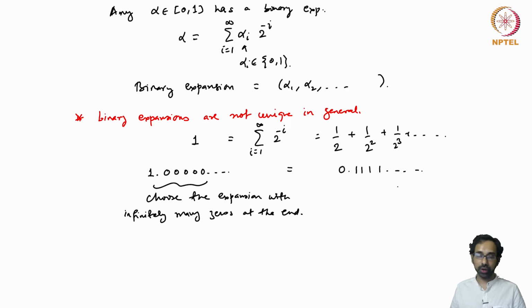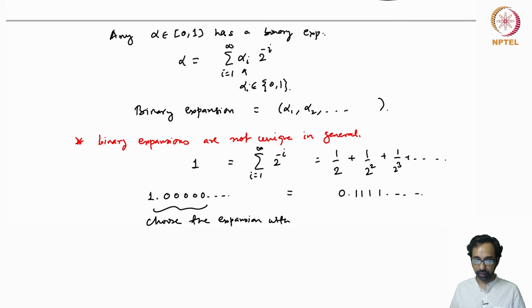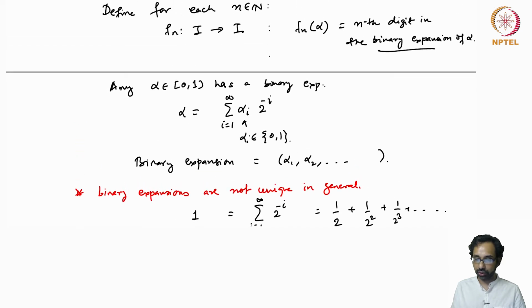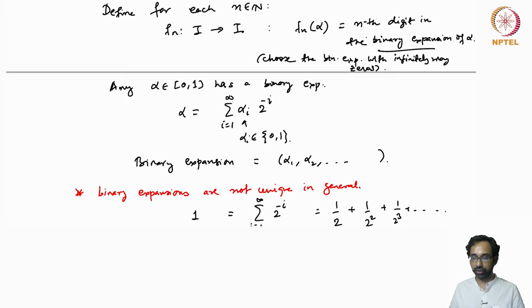So in the definition of the function f_n, we choose the binary expansion with infinitely many zeros. And now this gives you a well-defined function.